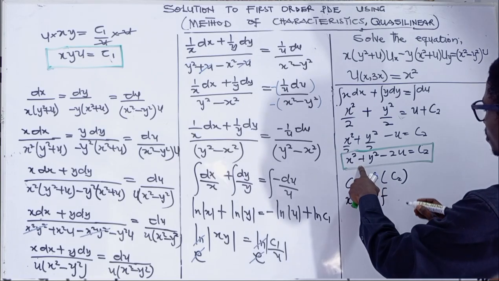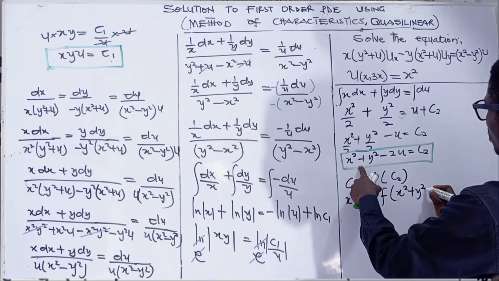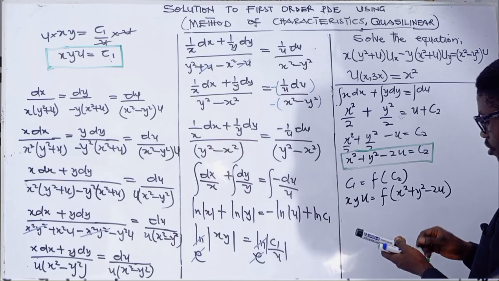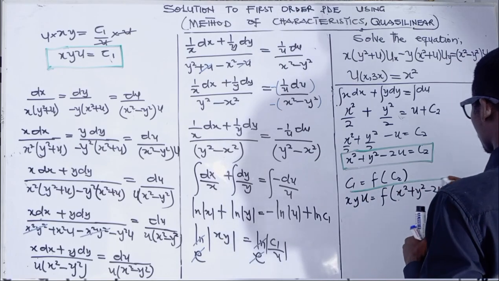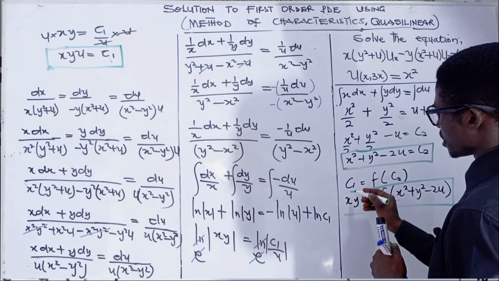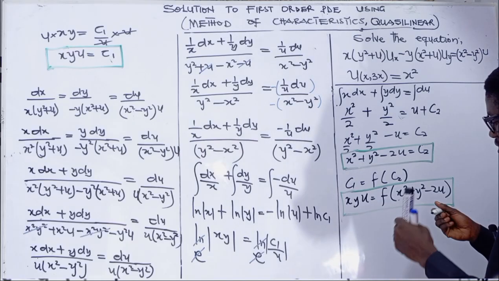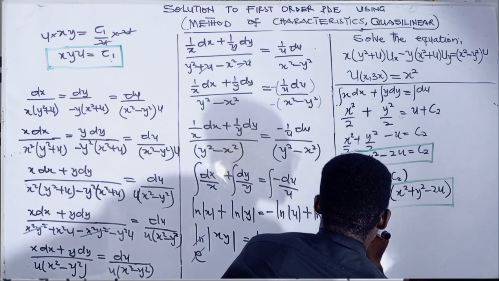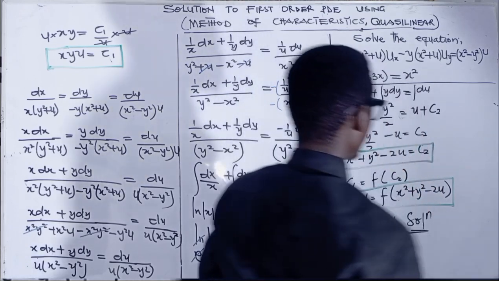So this is c2. We are going to have a function of s squared plus y squared minus 2u. So this becomes our general solution. Very, very interesting. So we have our general solution.